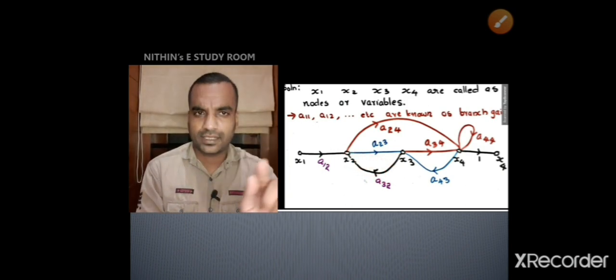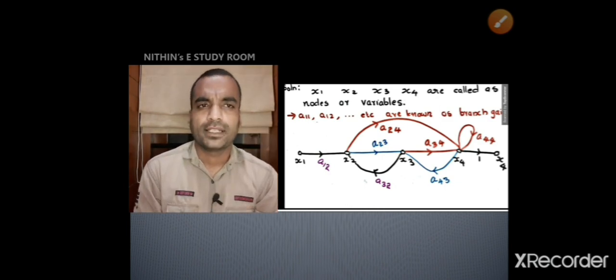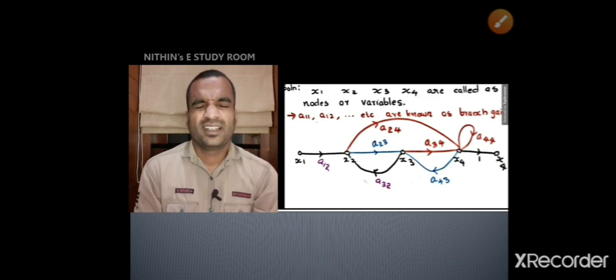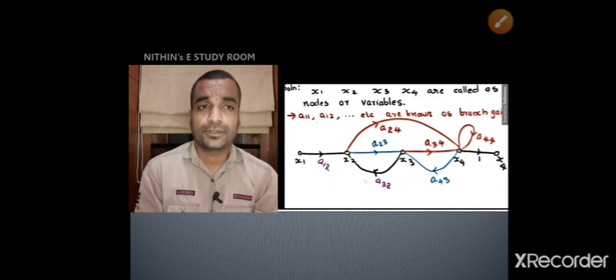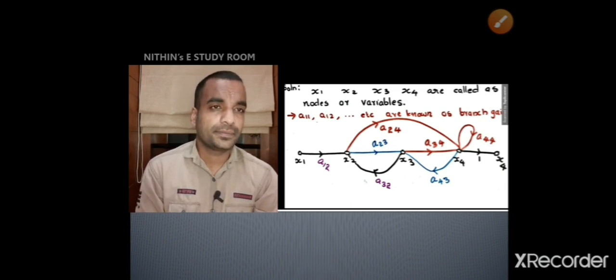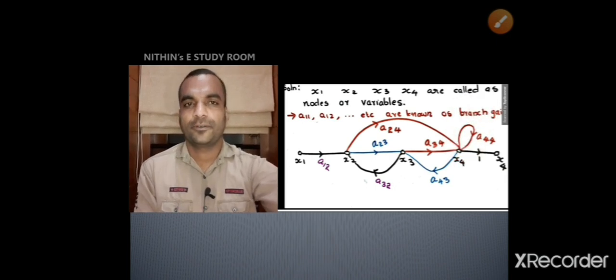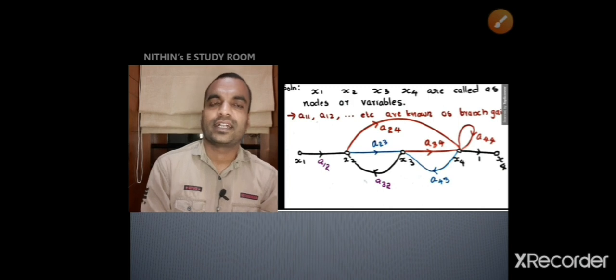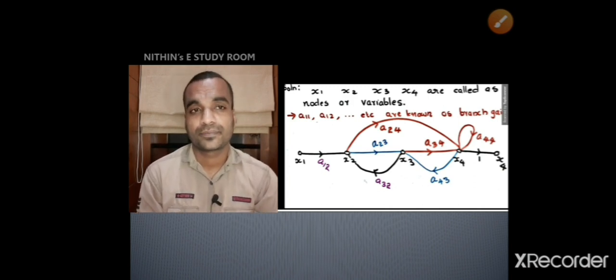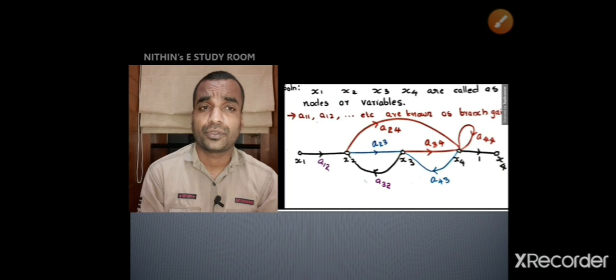All the arrow mark directions are successive or consecutive, and the loop gain is A24, A43, A32. Is there any other loop inside this figure? Please check. Yeah, here you can see it is a simple loop, A44, because it starts at x4 and ends at x4. That is also a loop. So how many loops did you get? You got 4 loops.